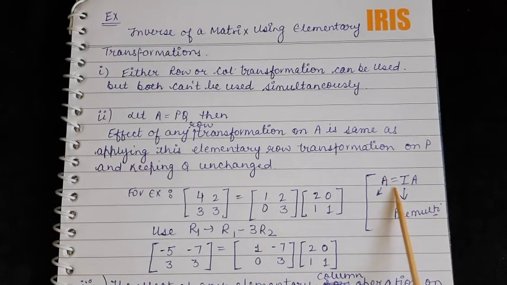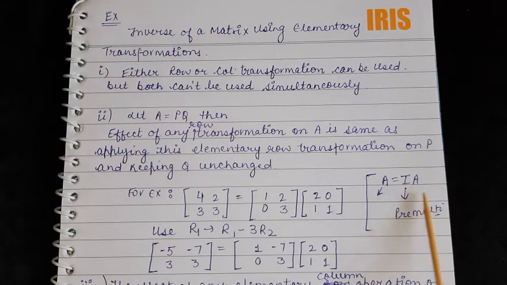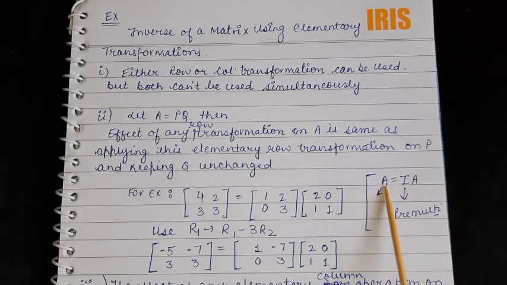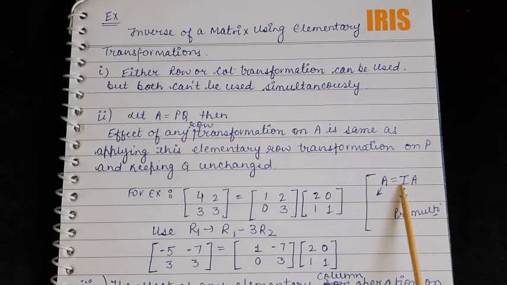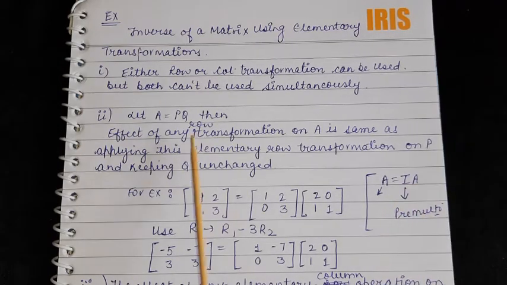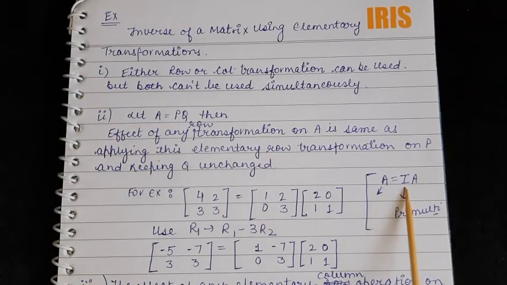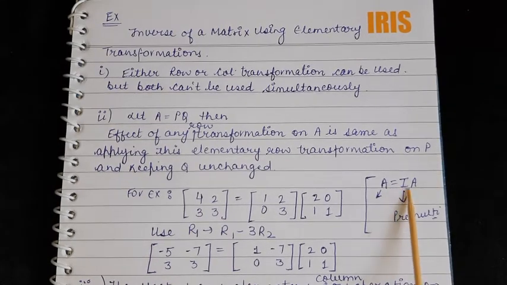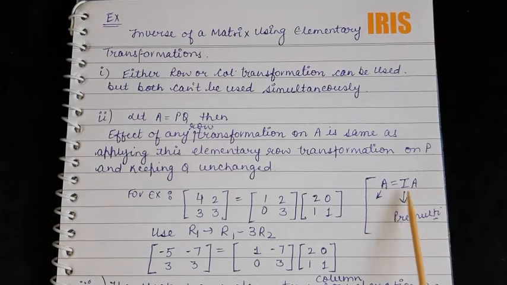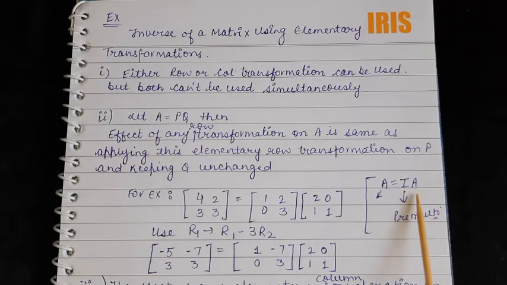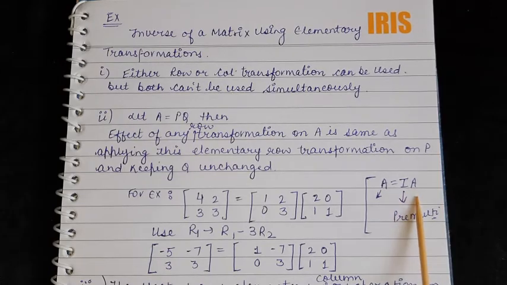So when we find an inverse by using row transformation, we start with A equals IA, and we apply the transformation on A and on I, but we keep this A unchanged, because this I is nothing but corresponding to P. So in case of row transformation, the operations will be applied on the left hand side and on the pre-multiplier matrix of the right hand side. We will not apply it on A.